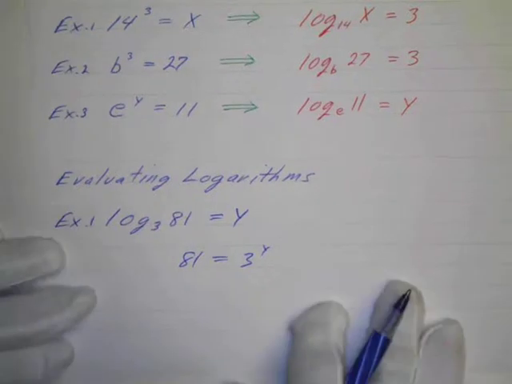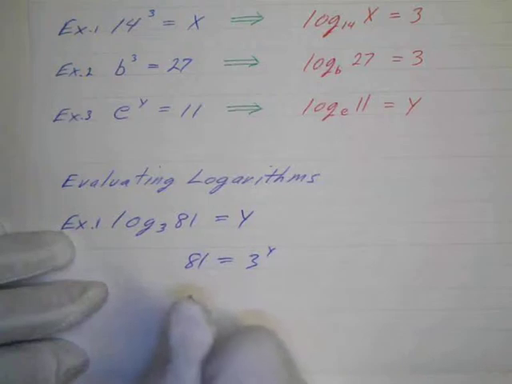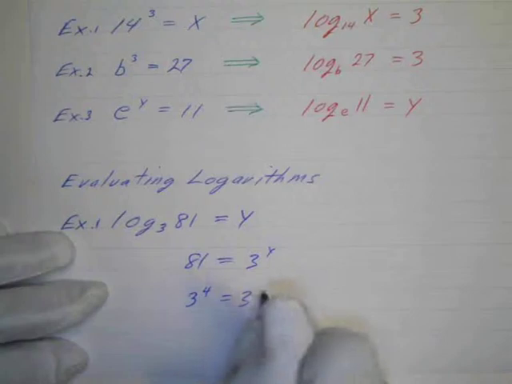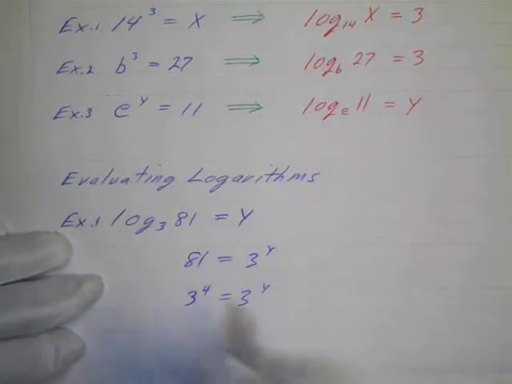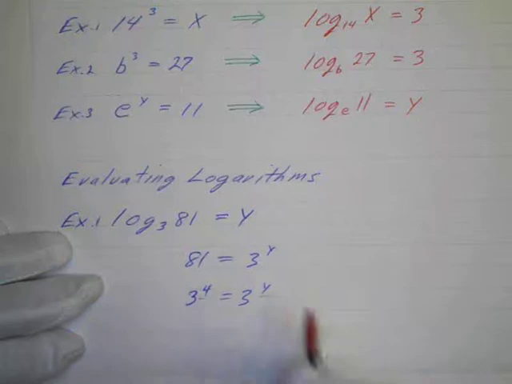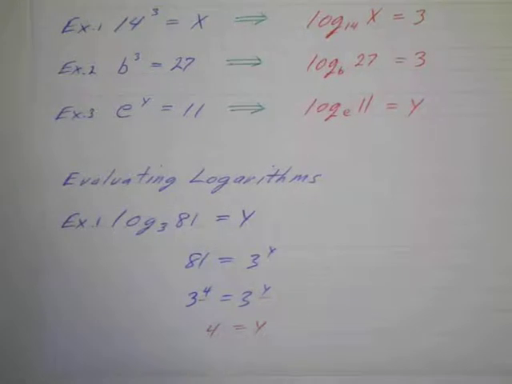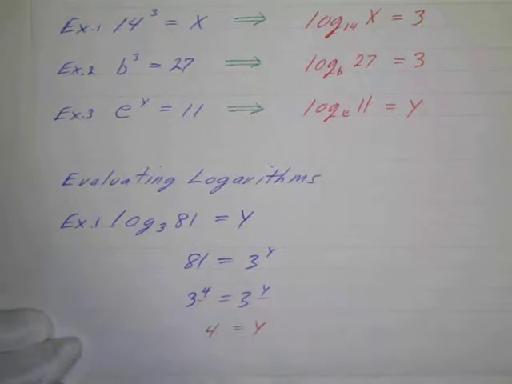So what base would that be? Well, let's say that's 3. So we could say 81 is the same thing as 3 to the 4th power. And that equals 3 to the y. And we know from our exponential equations, if my bases are the same, my exponents are the same. So I could say that 4 equals y. So that would equal 4. So intuitively we say 3 raised to what power is 81, 4, or we can solve it analytically by changing it to an exponential equation.